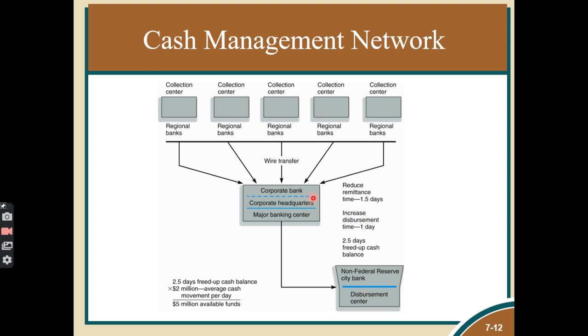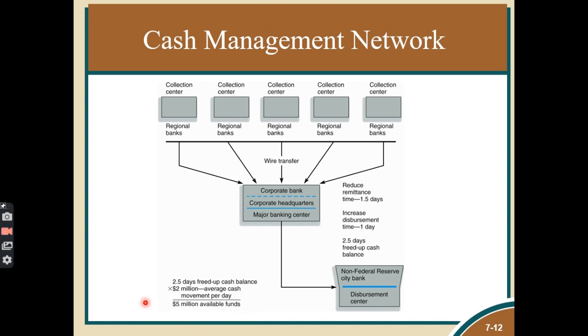Then it will result to 2.5 days of freed up cash balance. 2.5 days of freed up cash balance multiplied by your average cash movement each day will result to 5 million available funds. So this is how it goes.